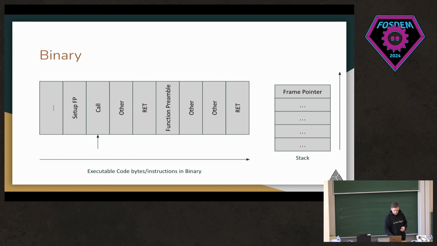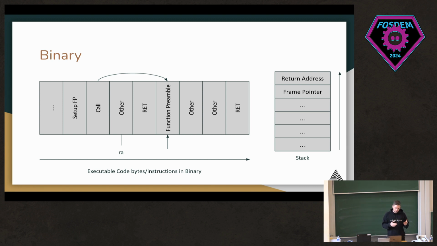And before doing that, we have to add the return address to our stack so that once the function that we're calling is done, we know where to continue in our current function, right? So we need to know where, like this other code we need to execute after calling the function we are calling right now, where we need to continue. So that's why we have the return address.